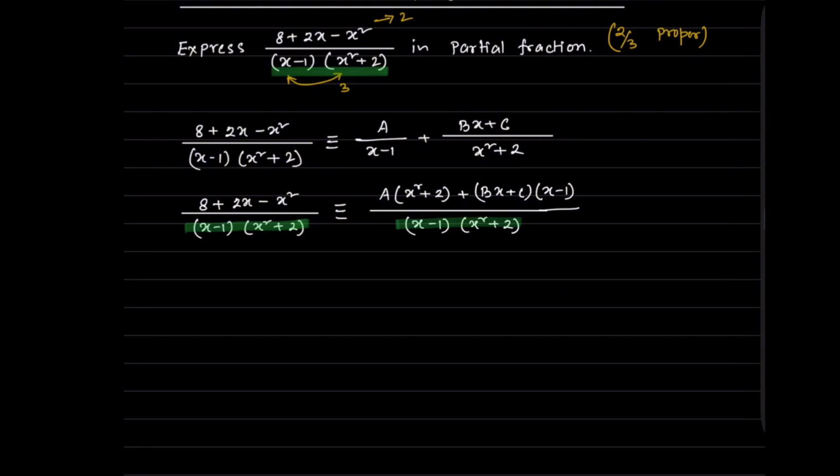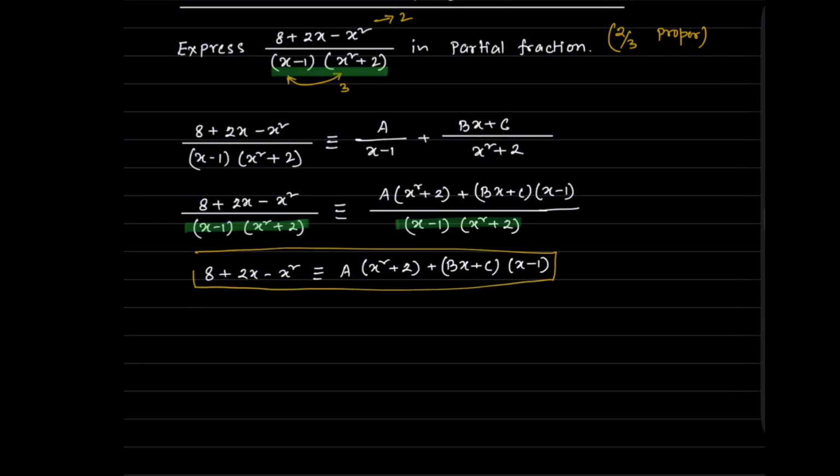So then we can write 8 plus 2x minus x square is identical to a into (x square plus 2) plus (bx plus c) into (x minus 1). This is our main equation, and we can call this equation number 1.